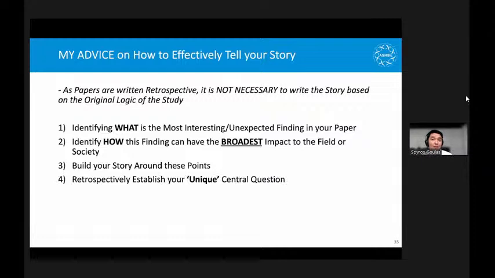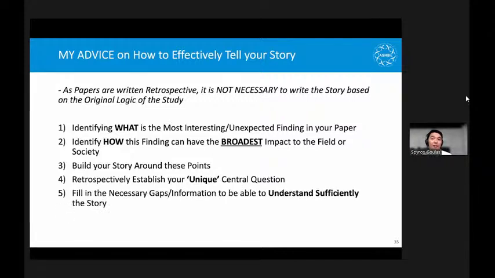After that, you can establish your unique central question in the paper. All that then remains is to fill in the necessary gaps of information to be able to understand your work sufficiently. Now, some of you may be asking, how can I find the most interesting part of my story?